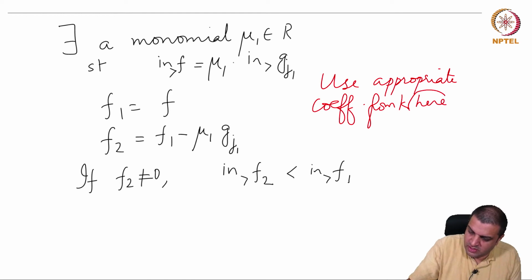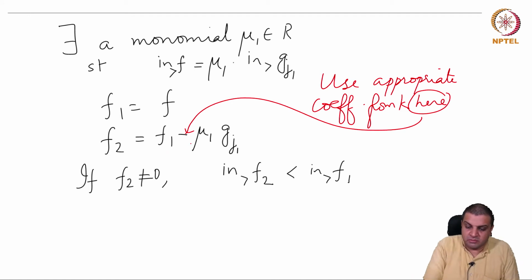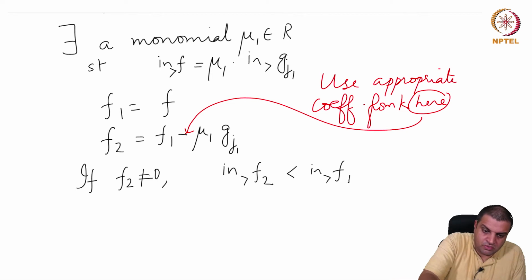It may not be just subtracting, it may not be -1, but if you multiply by an appropriate coefficient, you can cancel the initial term. That's what one has to do.